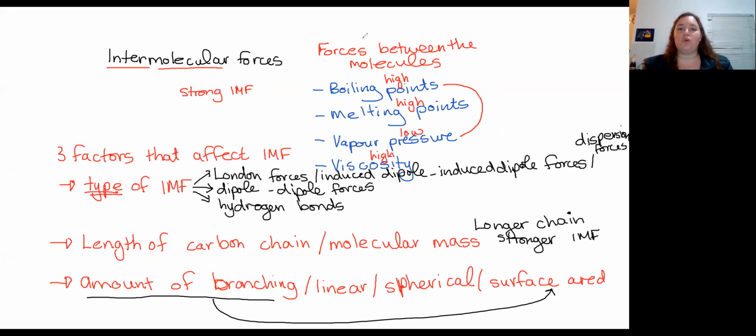First of all, I know it's a very bad analogy, but I find that my bad analogies work very well in my head, and hopefully they make good sense in your head. So I'm going to be dealing with these two factors here, which are the length of carbon chain and the amount of branching. And I'm going to be talking about the idea of Velcro.